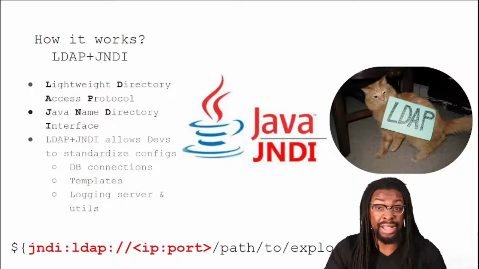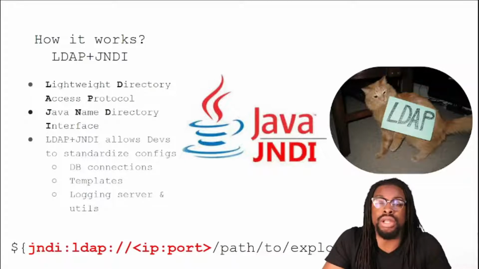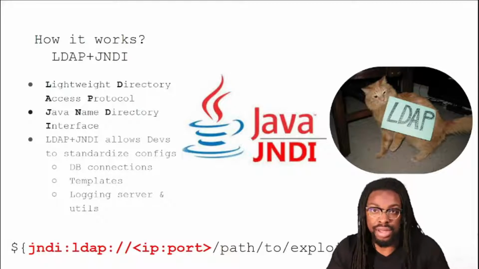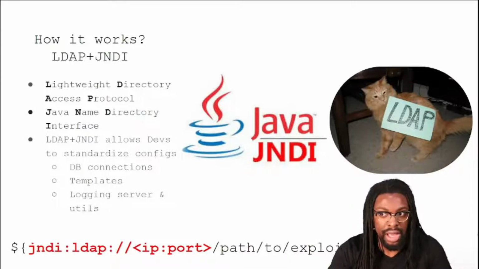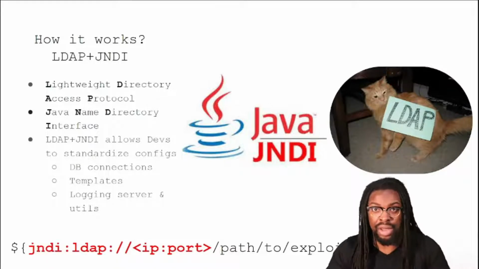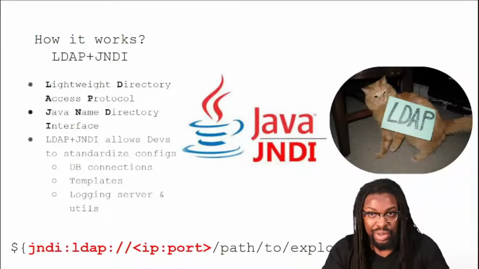And the JNDI is just the Java Naming and Directory Interface. And so why do you need to use JNDI? Why would anyone use JNDI in the first place? It's because of code reusability, number one. In each new project, you don't want to define basic things like shared libraries or database connections, configurations, templates, or for example, setting which logging server you want to use.